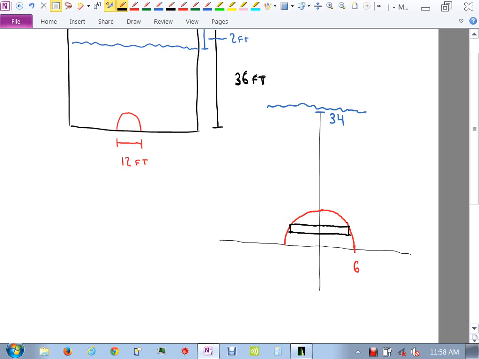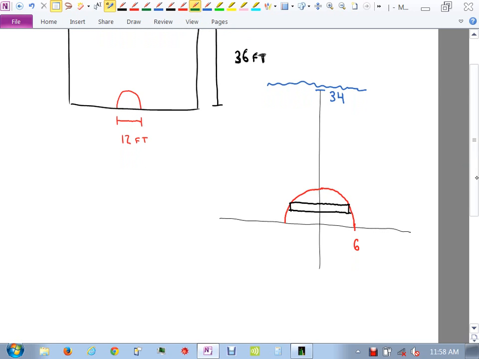There's some things I can get already. X, okay, where is X though? Be kind of careful with this. You want to measure from where to where for X? You want X to go from water level to rectangle? What do y'all think about that? That's X.